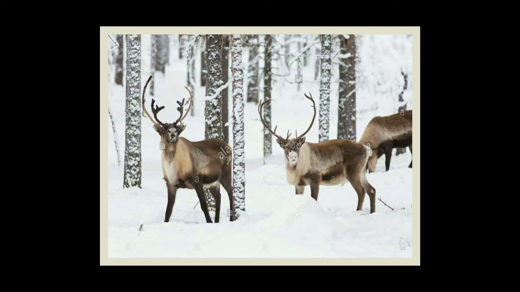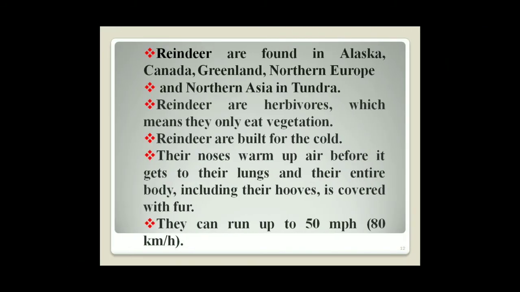Now reindeer. These are the pictures of reindeer. They are also very unique animals. See, reindeers are found in Alaska, Canada, Greenland, Northern Europe, and northern Asia in tundra. Reindeer are herbivorous, which means they only eat vegetation, means grass, leaves. This is their food.